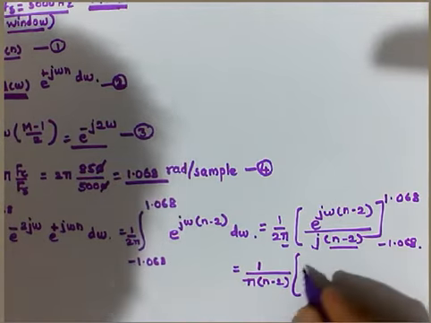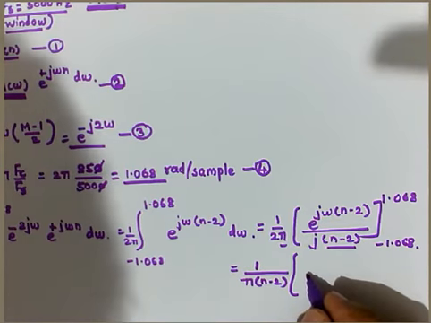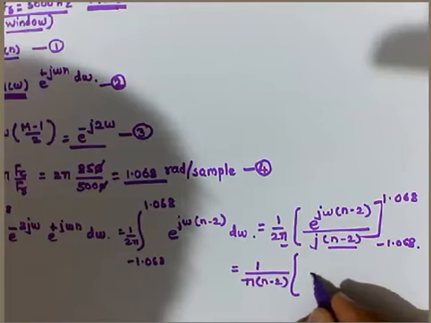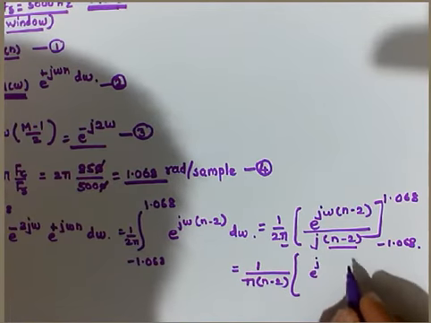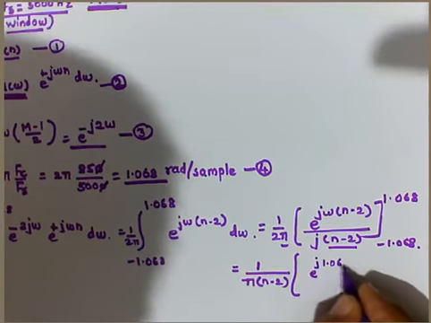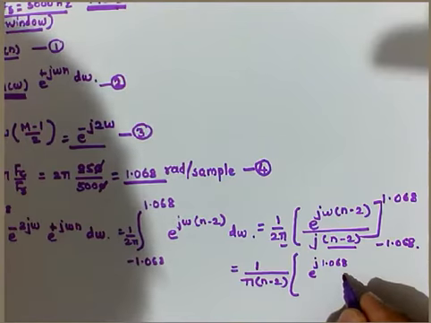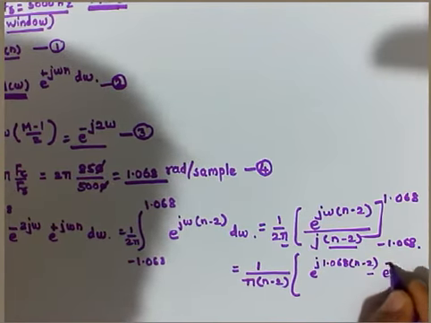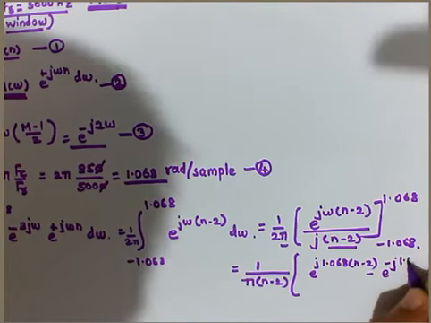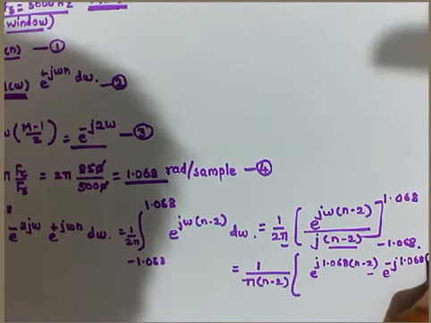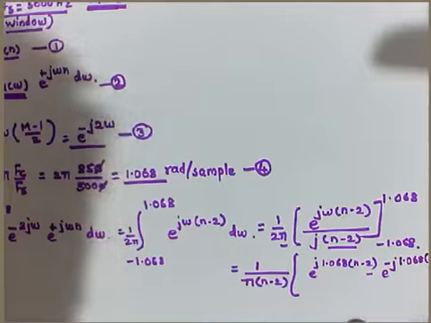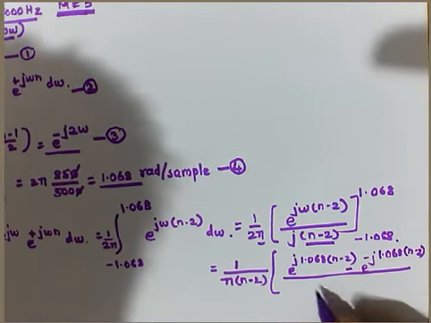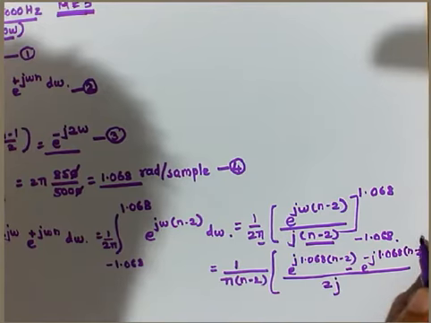Bring it into the form e raised to j theta minus e raised to minus j theta. So it will be e raised to j 1.068 into n minus 2, minus e raised to minus j 1.068 into n minus 2, divided by 2j.